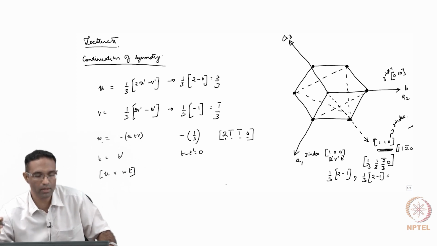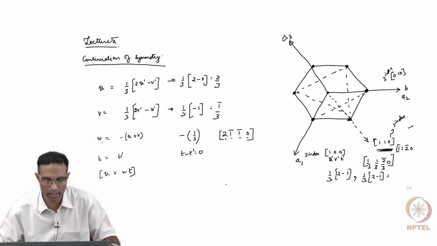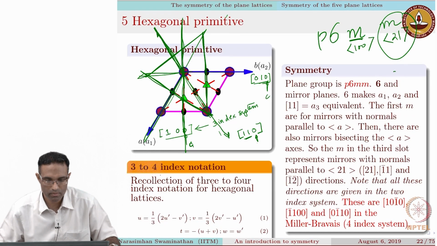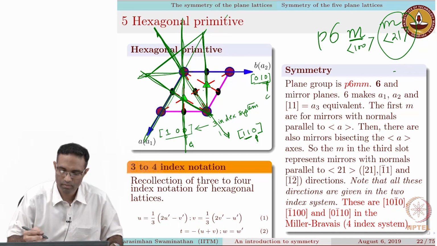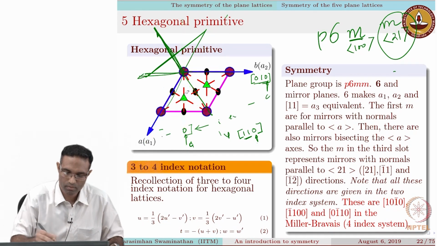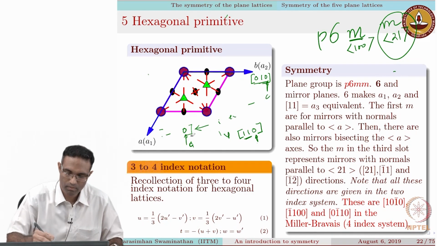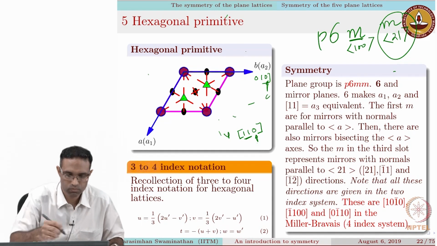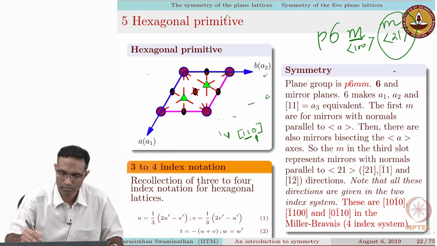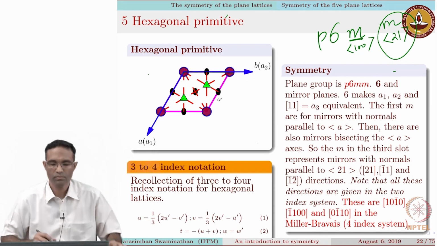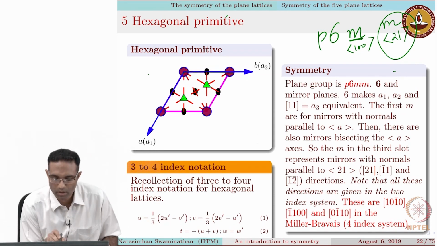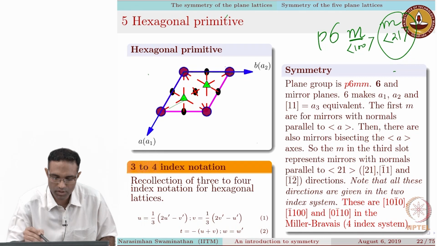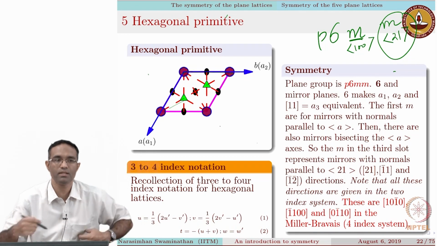You will see that that mirror exists if you take a look at it carefully. So the mirrors that I am talking about are these, which have the equivalent A, B, C as the normals.